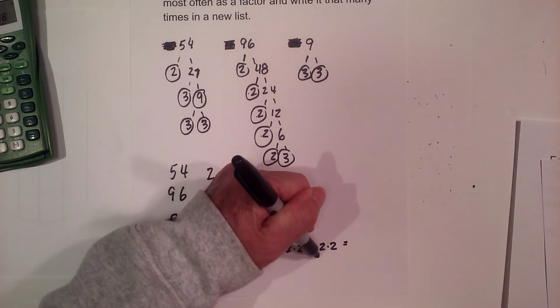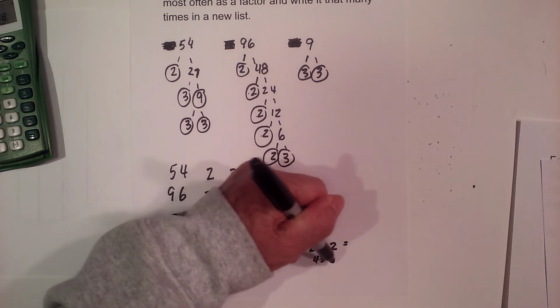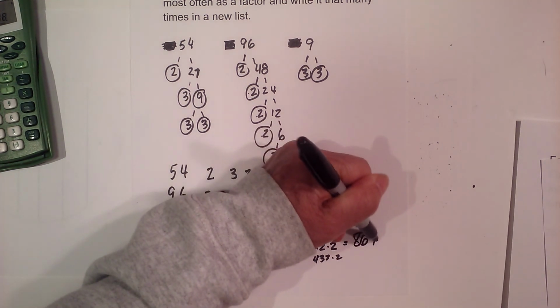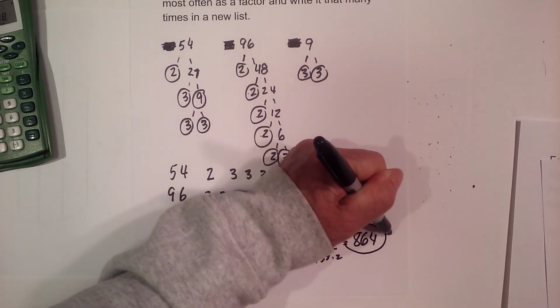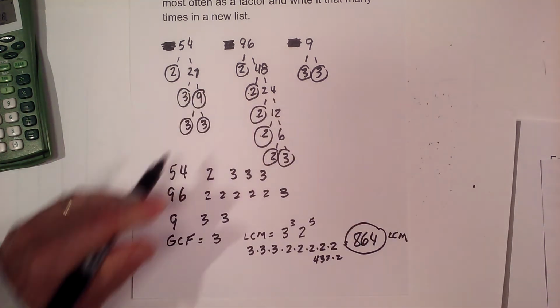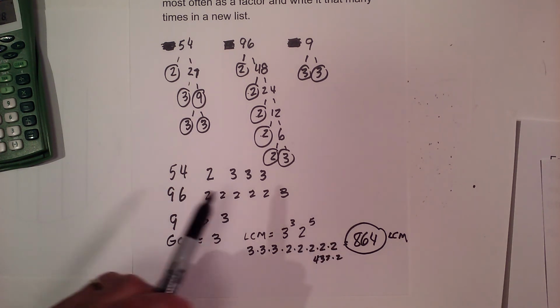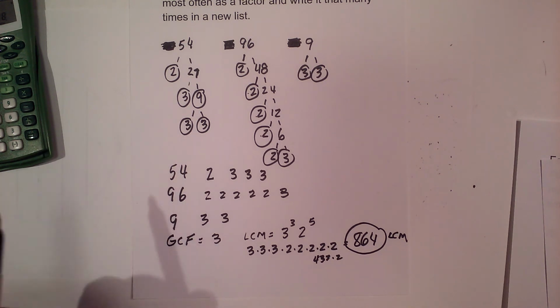Then we have 432. And then finally times 2, that equals 864. So the LCM is 864. And on this one, you may need to use a calculator. Just multiply 3 times 3 times 3 times 2 times 2 times 2 times 2 times 2. You get the point, 864.